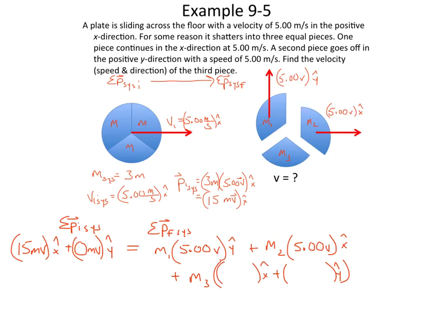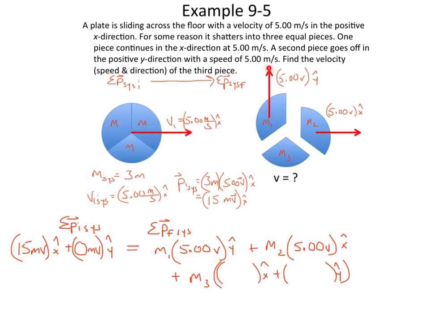Well, what has to be true is that all this stuff added together right here has to balance out to 15 momentum units, mass velocity in the x direction, and none in the y direction right there. Okay? So, let's take care of the y direction first. There's nothing going on with mass 2 in the y direction, so that's fine. But look at mass 1.